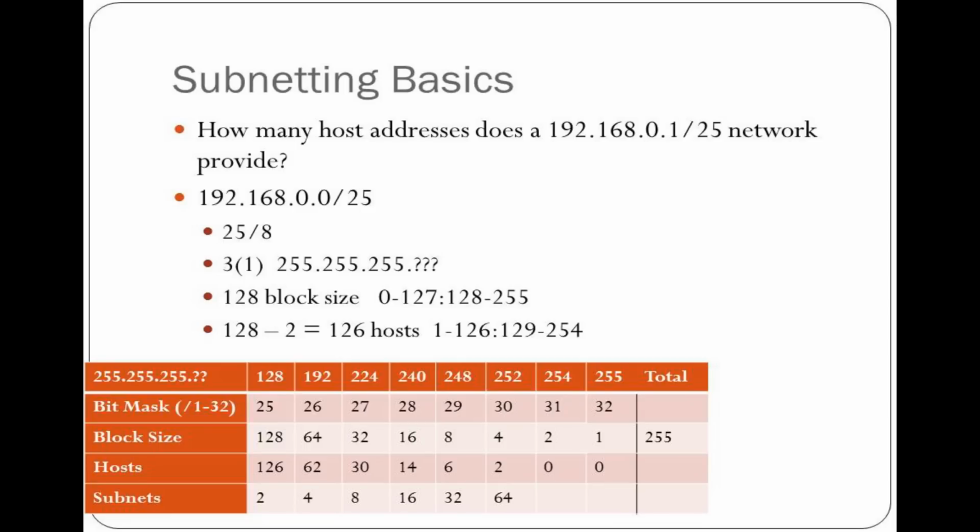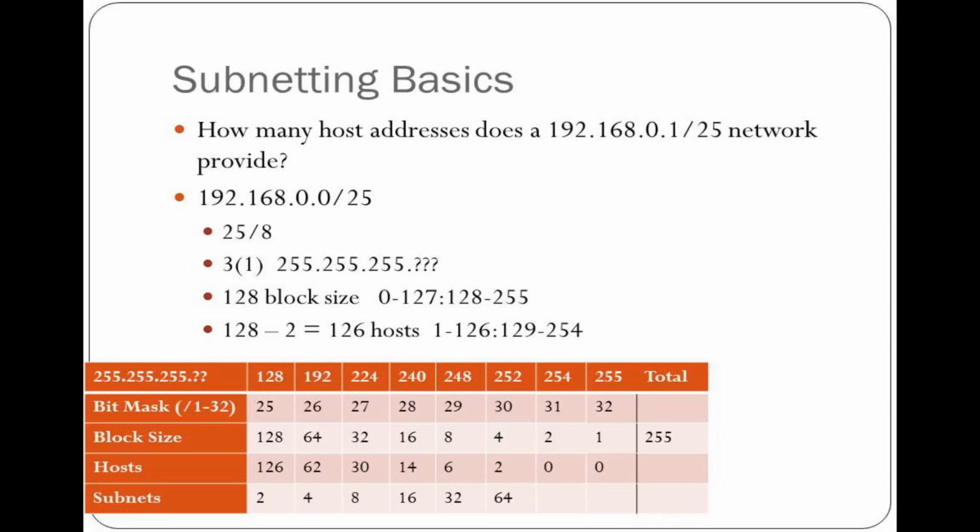To find the block size of the subnet, first divide the mask by 8. Since there are 8 bits per octet, every time 8 goes into the bit mask, one filled octet with a value of 255 is found. So we know it is not the octet we need to find a mask for. We have 3 with a remainder of 1, so we know our subnet mask is in the 4th octet.